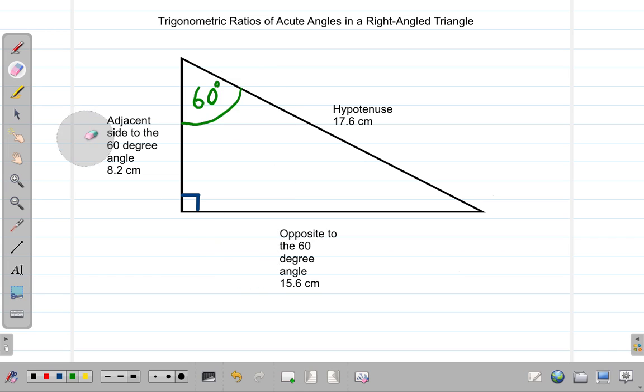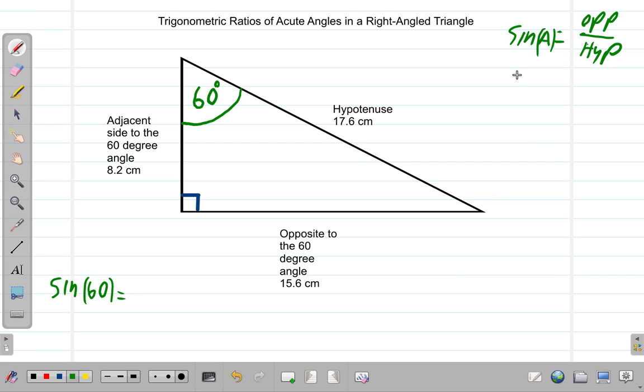Now let us calculate the sine of 60 degrees. Now from before, we're going to make a note over here that in all cases the sine of the angle, let's call the angle A, a general angle, the sine of angle A is the length of the opposite side divided by the length of the hypotenuse of a triangle.